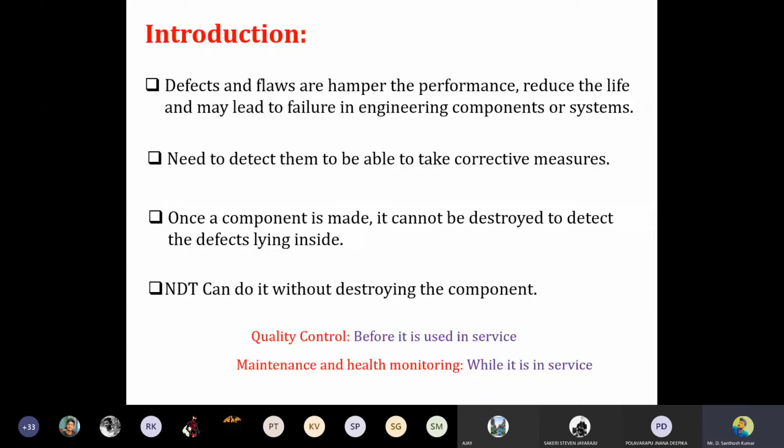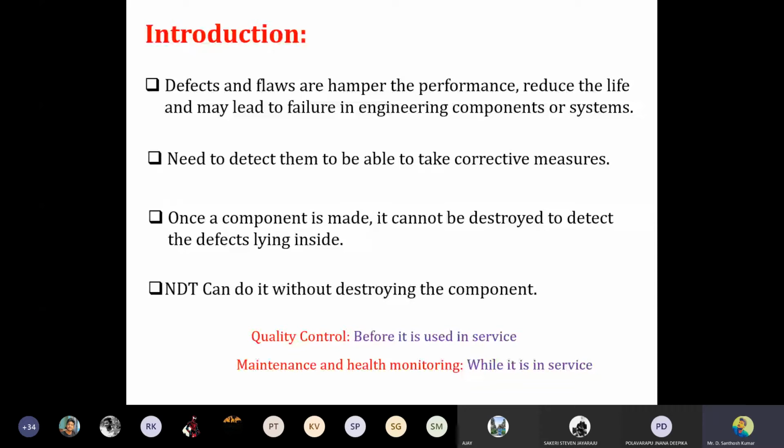But here there is no need to destroy the components. Without destroying the components, you can simply evaluate their properties, and easily detect any kind of defects inside or on the surface of the component.